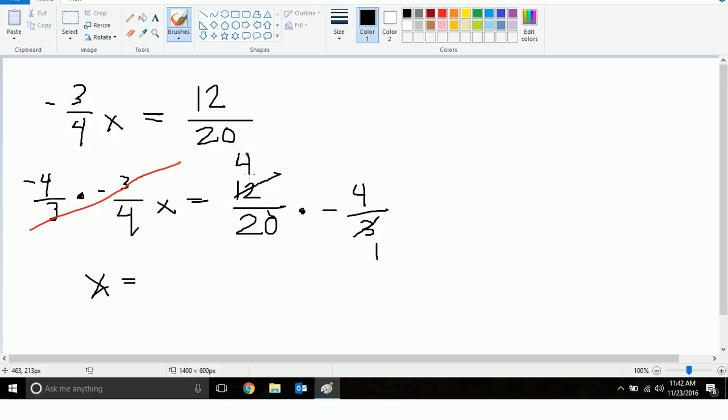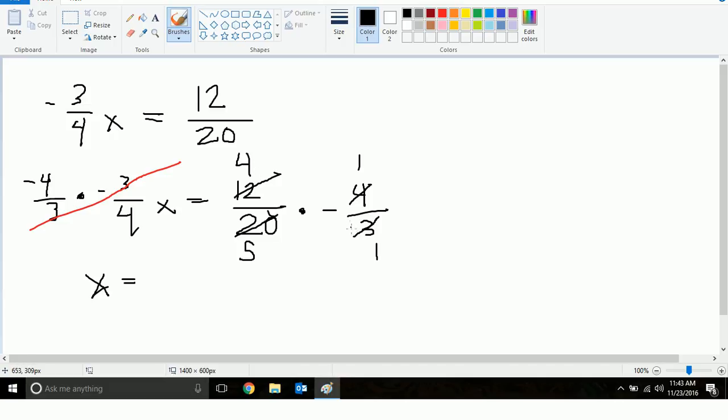Okay, we have the 20 and we have the 4. The greatest common divisor of those, the highest number that can divide them, is 4. So 4 divided by 4 gives us 1, and 20 divided by 4 gives us 5. Now that's going to make it a little bit simpler for us.